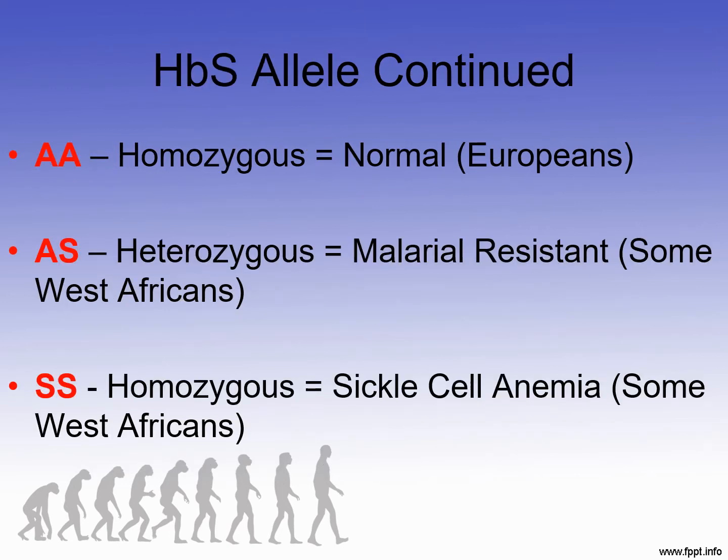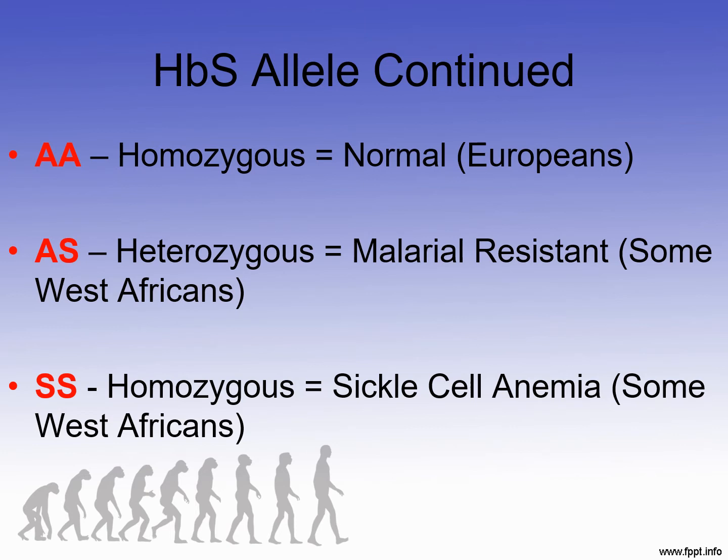So if we look at this in terms of geographic regions and malarial resistance, if you think of Europeans, they are homozygous, they don't deal with malaria, it's not prevalent in their particular areas. So you don't have any evolutionary or selective pressure forcing that population to have a polymorphism at chromosome 11.